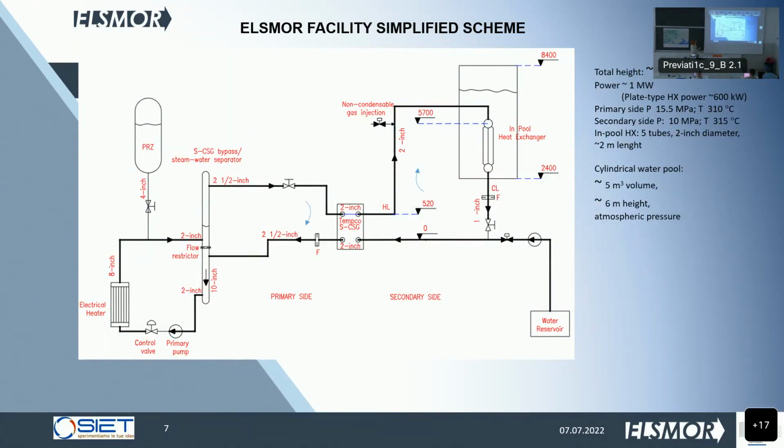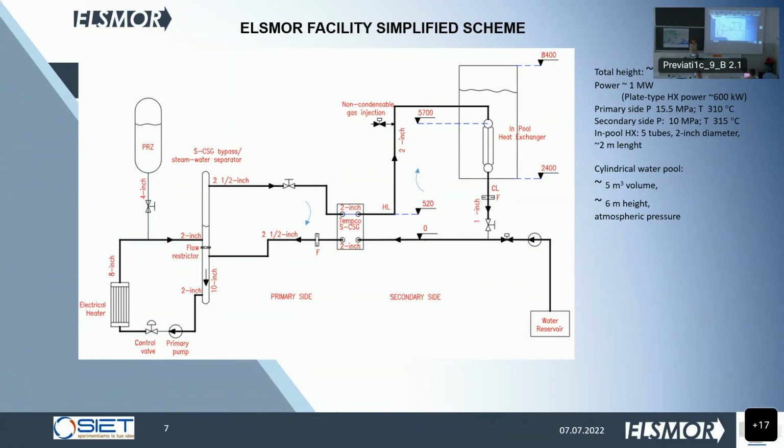Such a flow rate is obtained by means of a flow restrictor inserted in this tank and the position of this valve that determine pressure drops, a differential pressure between this part of the loop and this part of the loop.